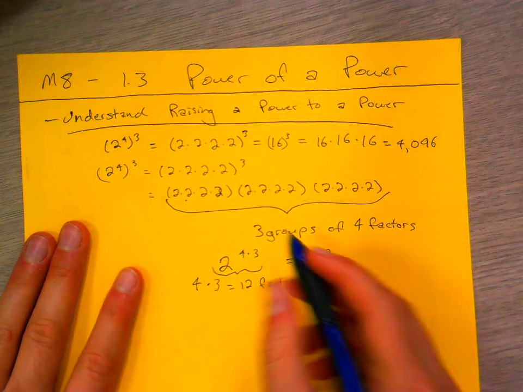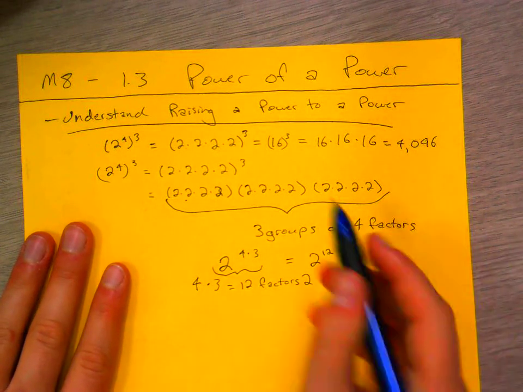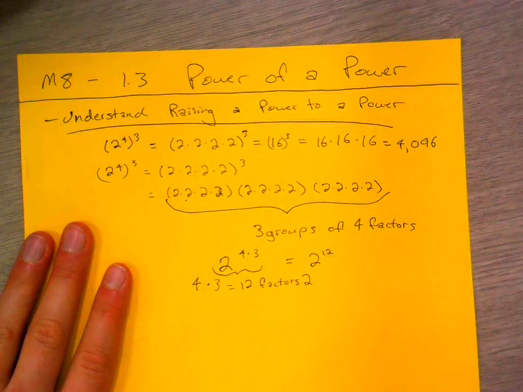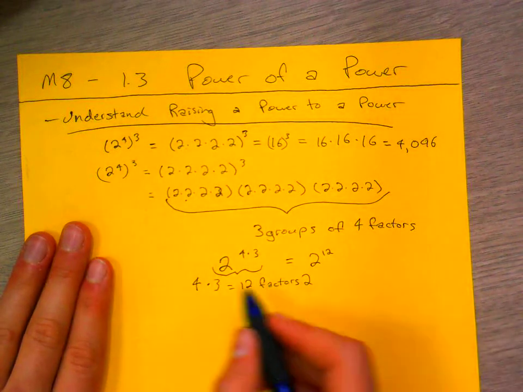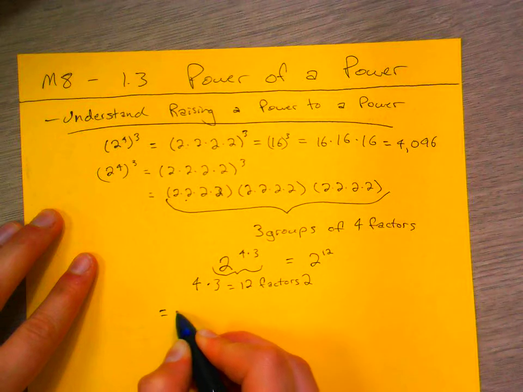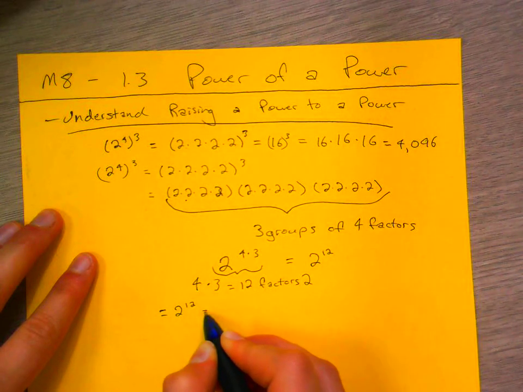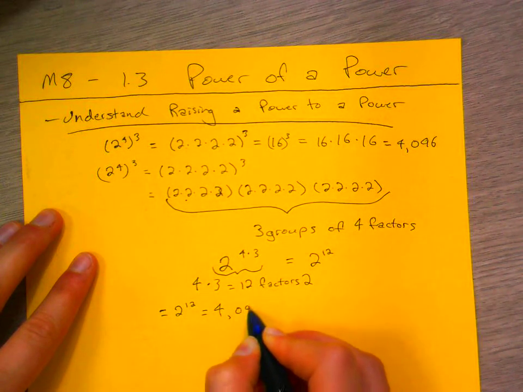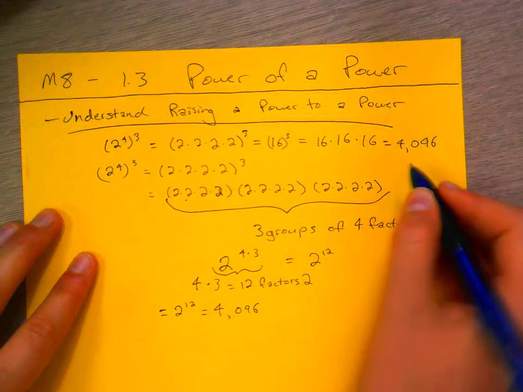Just think about that for a second. Hope it makes sense. If you have one exponent inside the parentheses and one outside, you are going to multiply the exponents. So this whole expression equals 2 to the power of 12, which equals 4,096. Same number as we got up here.